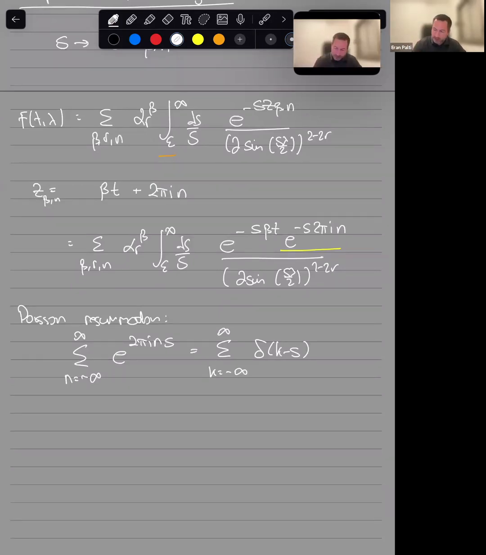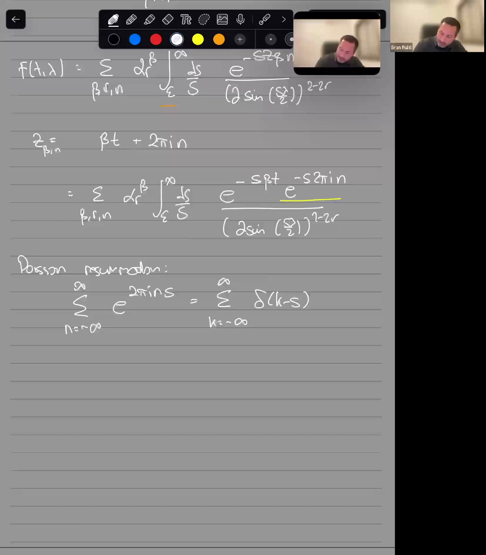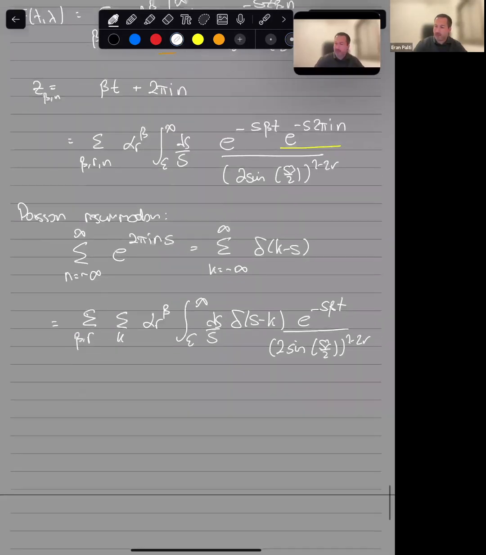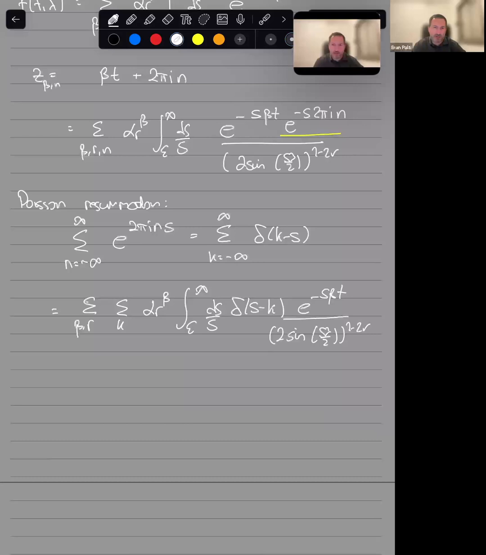This is Poisson resummation. And so if I put that into this integral, I'm going to get that this is equal to the sum now just over beta and r times the sum now over k of these integers, alpha r beta. And then I have these delta functions, s minus k. And now the e to the 2 pi i n s is gone. And now it's very easy to do the integration because it's just delta functions.